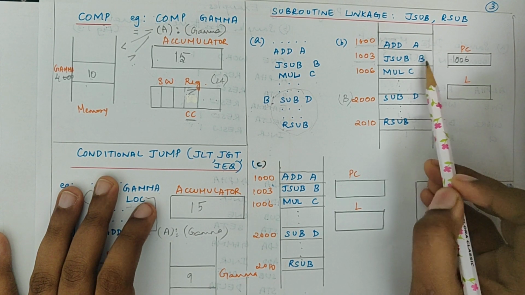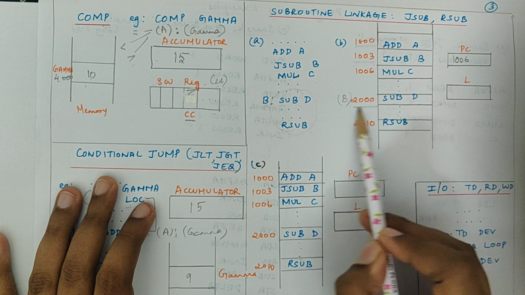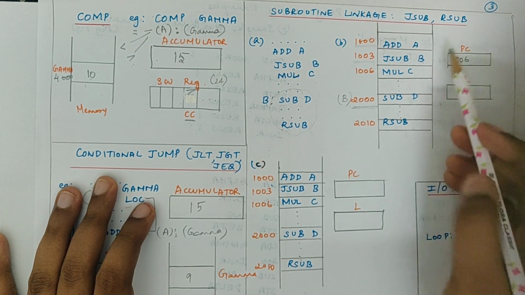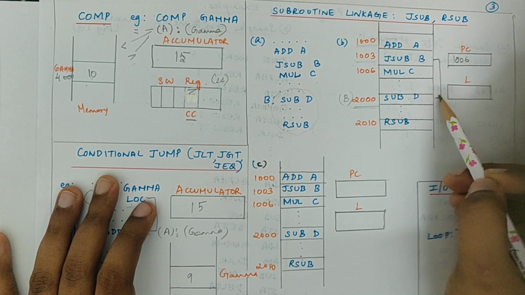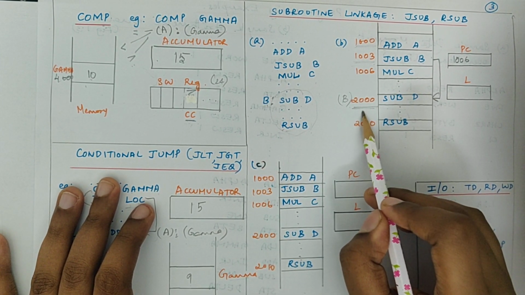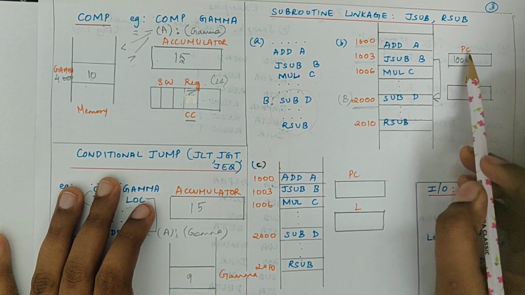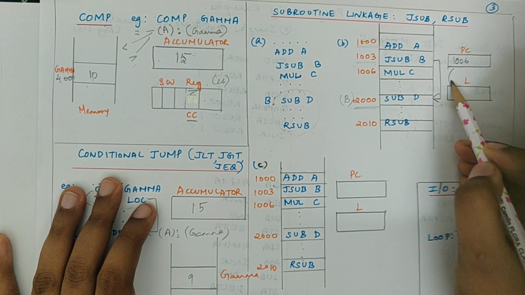So now PC should be loaded with the address 2000. In order to jump to this location, PC should be loaded with the address 2000. But before that, before you update the value of PC, you need to store the value of PC into the linkage register.